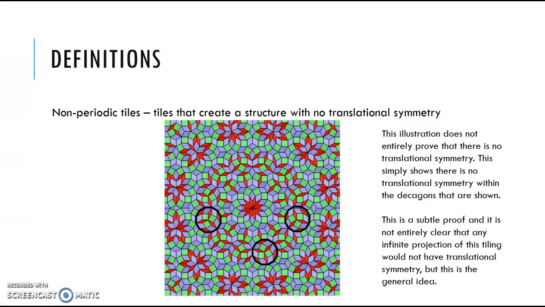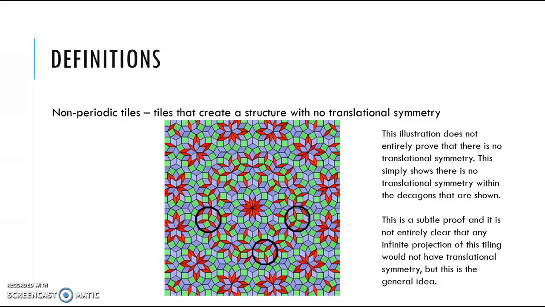Now again, this is only showing that there's not really a translational symmetry between the decagons. You could take any of these basic figures within this pattern and show the same thing. I just chose to do the decagon. Again, this is really subtle, especially with this finite picture that we have here, it's not entirely clear that if we were to project this figure infinitely, there would be no translational symmetry.